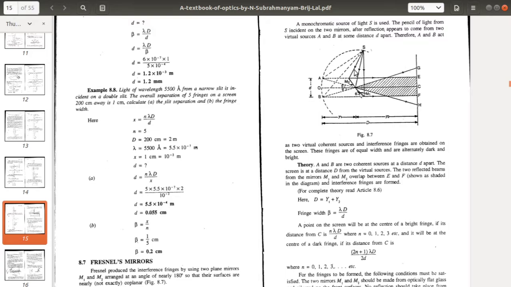Light falling on the end points of M2 is reflected, this point through the line to E, and this point through the line to H. So the reflected light from mirror M2 illuminates the region EH.